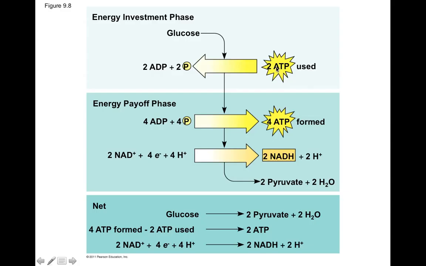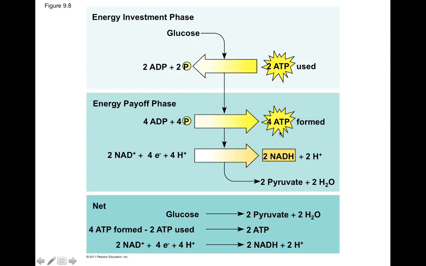We actually hydrolyze 2 molecules of ATP to get 2 molecules of ADP plus 2 phosphates. So in the energy payoff phase, we get 4 ADP and 4 phosphate groups, and we produce 4 ATP. So we've doubled down on our investment, as you can see.